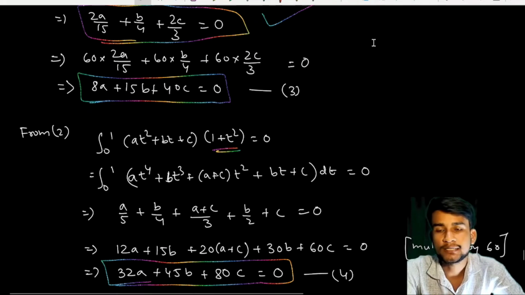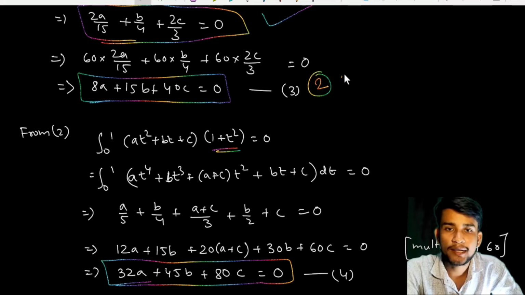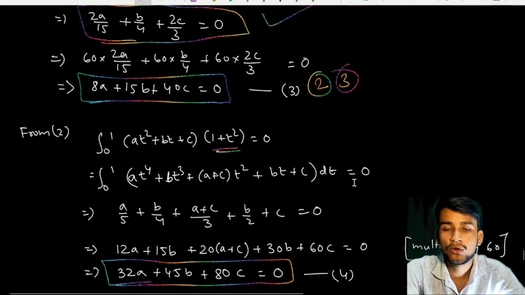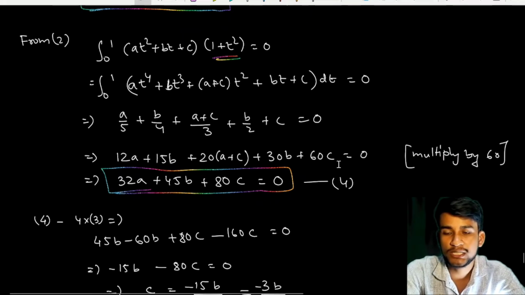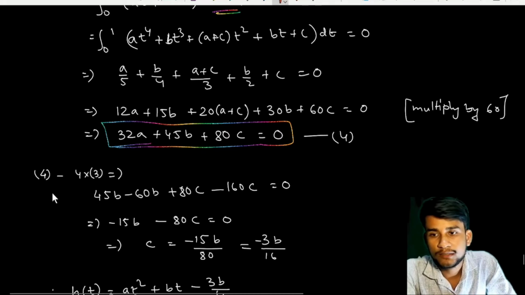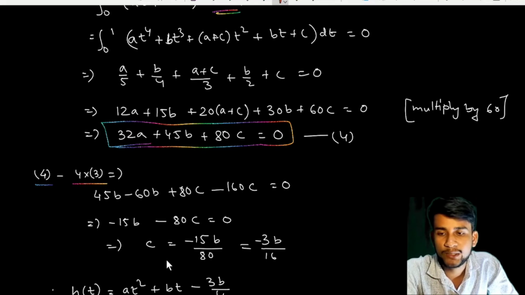There are 2 equations and 3 unknowns, so we can't solve the system in general. We have to choose one of the constants. If we eliminate one of these three parameters, we eliminate a, and get a relation between c and b.